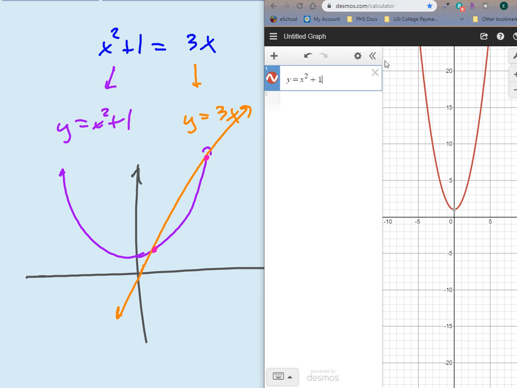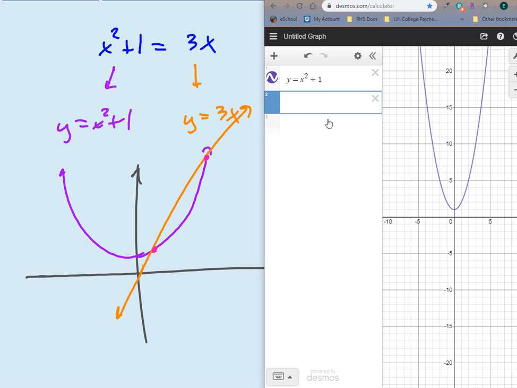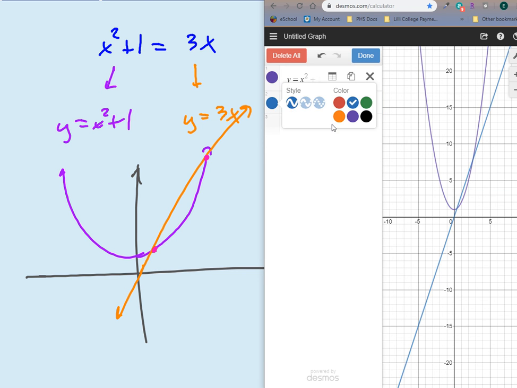And let's see, can I make that? I bet I can. I can make it purple even. How's that? So it's purple. And then I've got the other function, y equals 3x. And let's make that orange. And there it is.